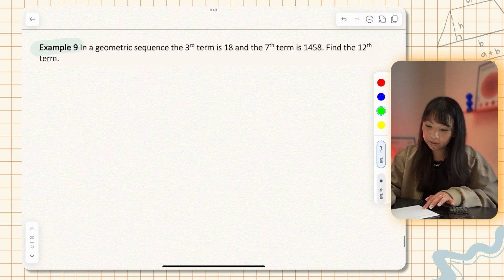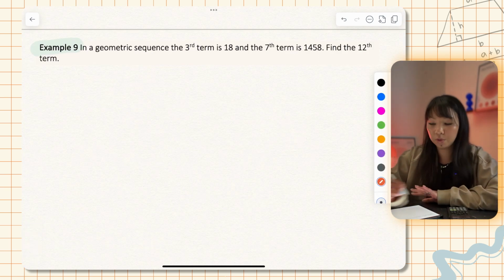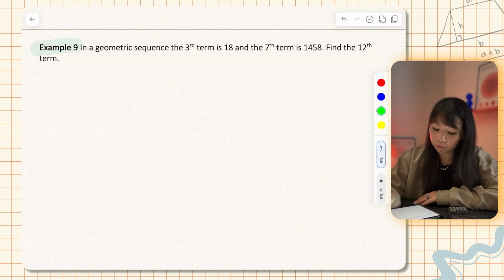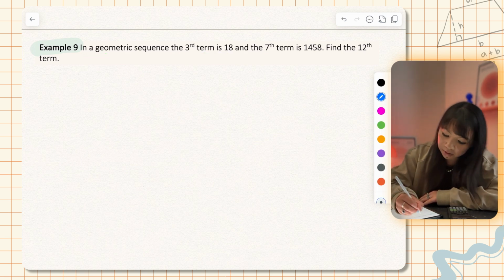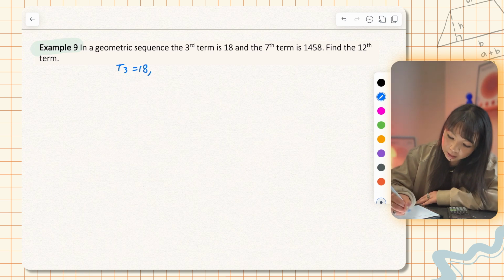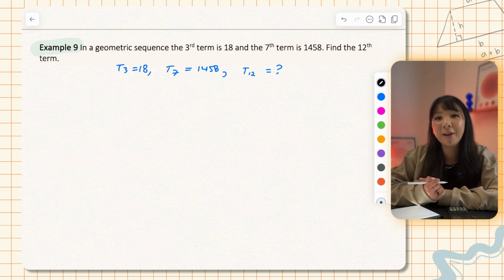So that means this is actually going to be the correct answer. Okay. The next example to fully master this topic, example 9, is in a geometric sequence, the third term is 18. So T3 equals 18. The seventh term is 1458. Find the 12th term. Now, by now, hopefully you'd be able to recognize that this is going to be simultaneous equations.